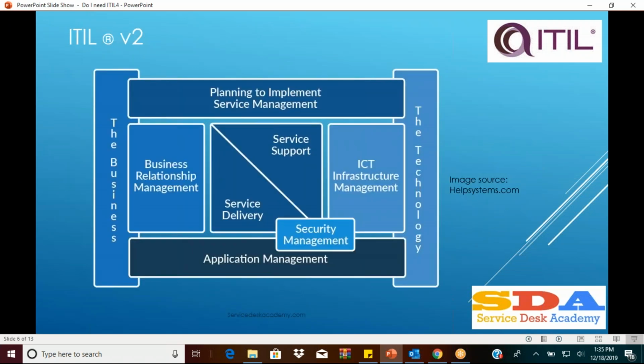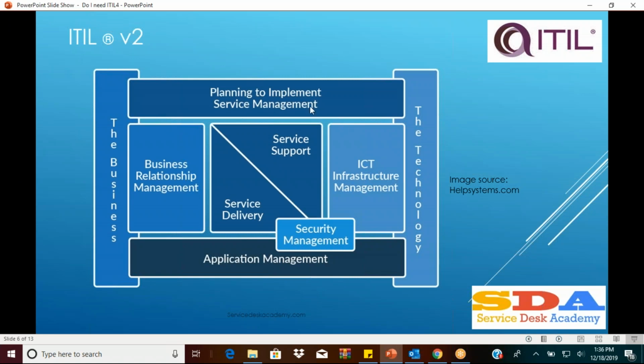and let's try to understand what ITIL v2 was, and then we will also try to understand why we upgraded ourselves to ITIL v3 in 2007. So if you look at the slide, ITIL v2, version 2. Here you see 7 books.